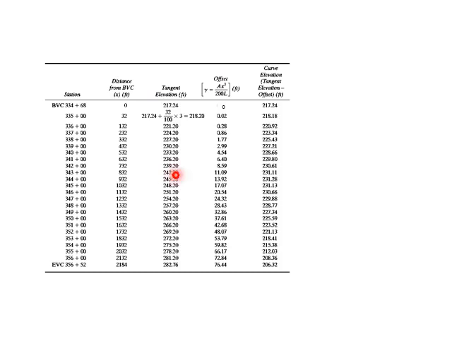Now this table represents the offsets and elevations of tangents and curve points on the curve at each station. You start with BVC here. The station of BVC we already calculated. Since you are at BVC, the x distance will be 0. The elevation is the same elevation which you calculated for BVC.